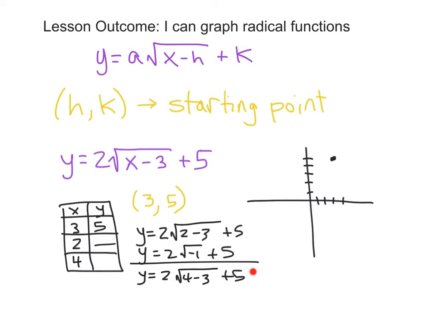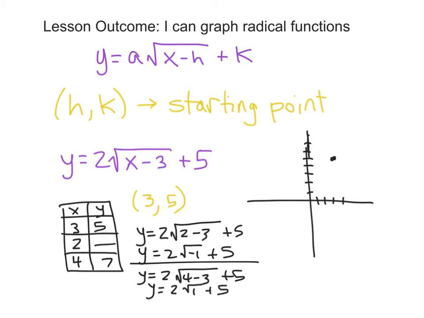Again, I'm rewriting the entire function, and I put a 4 in for x. Now 4 minus 3 is 1, and so now we have the square root of 1 right there, which is okay, that's fine. Square root of 1 is 1, so this becomes 1. 2 times 1 is 2, plus 5 is 7. So now we know there's a point at (4, 7).